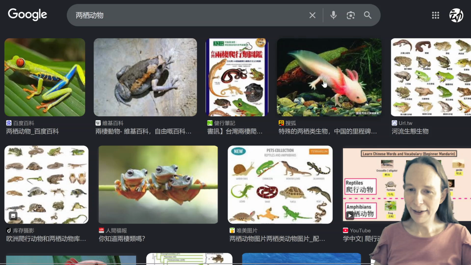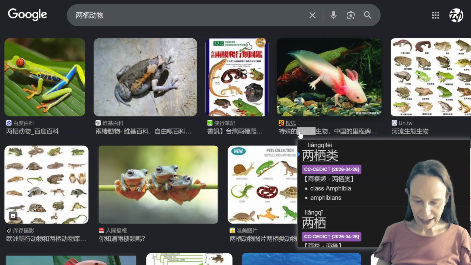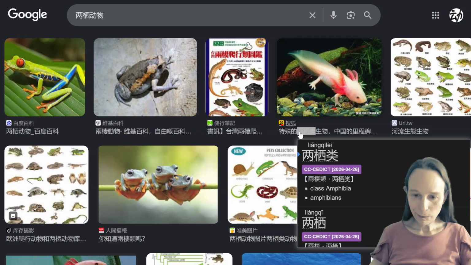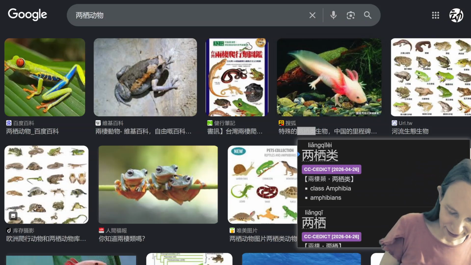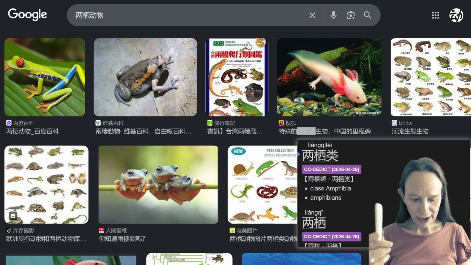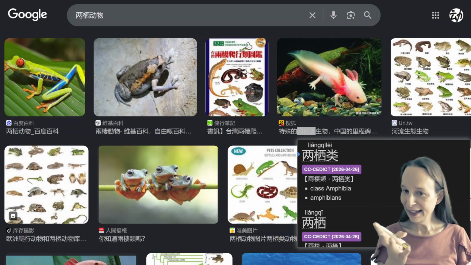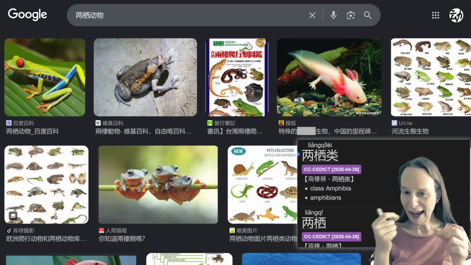What's Mexican walking fish in 两栖类动物？两栖类生物。两栖类。两栖 it's in the dictionary. All right, what does the dictionary say about 两栖？在水中或陆地都可以生活。Okay, 两栖动物，水陆两栖。All right, so that's amphibious. So in water and on land.